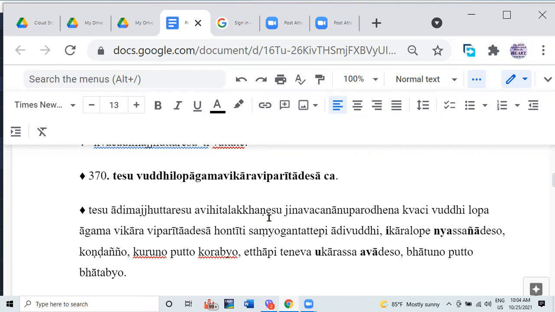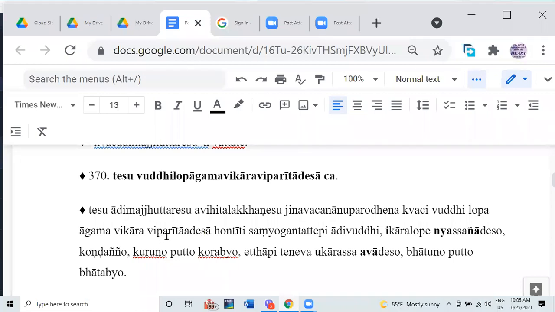Okay. So Desu Adi Majo Tresu. Avihita Lakanesu. So in the suttas, in the sutta, not arranged yet.